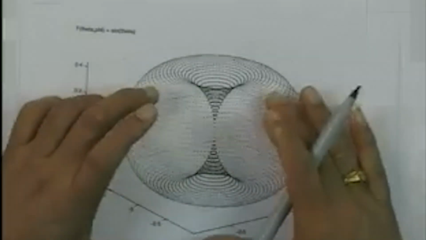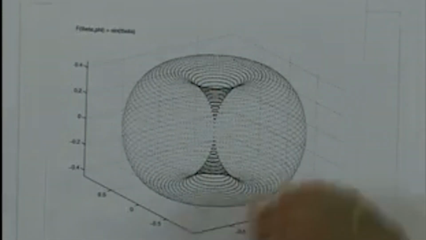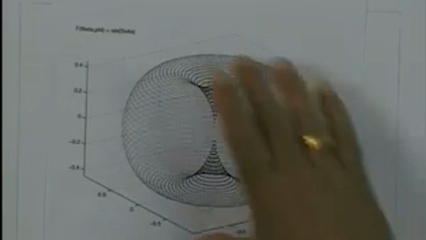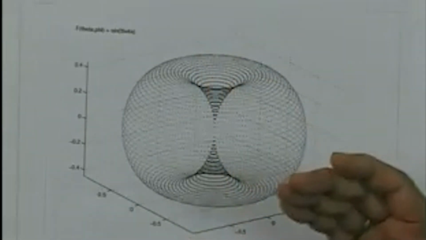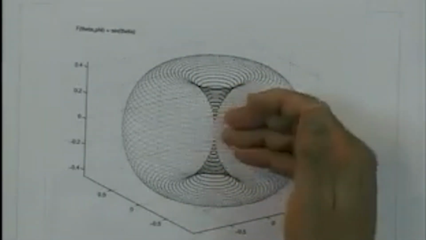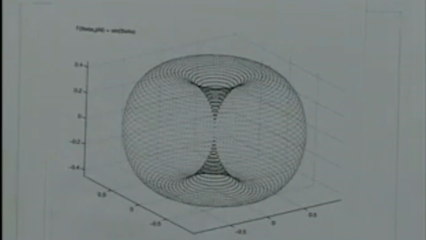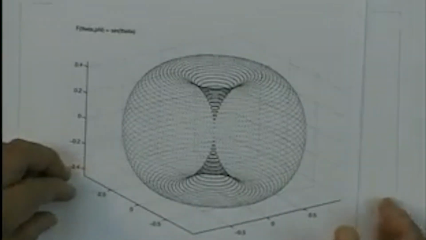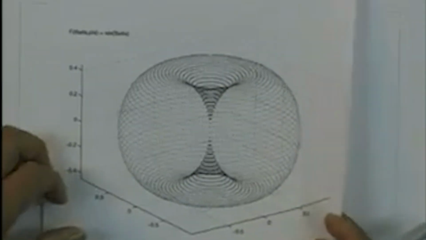So we have now got the sections of this general three-dimensional surface by two principal planes, the E plane and the H plane. This three-dimensional figure can now be described by two planar figures, which are sections of the surface in two planes, and we call these patterns the E and H plane radiation patterns.